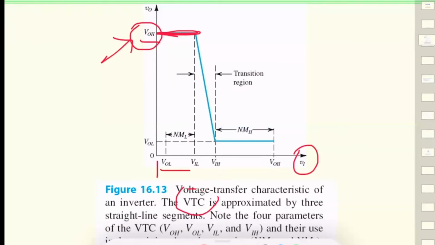In a similar way, when my input voltage exceeds this value VIL, the output starts decreasing and it enters into the extreme region on the right hand side.